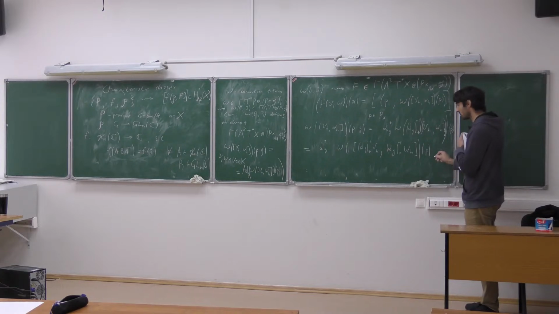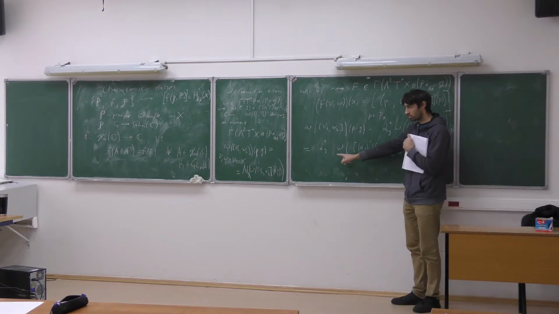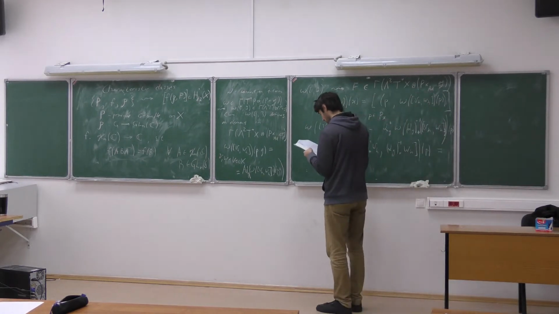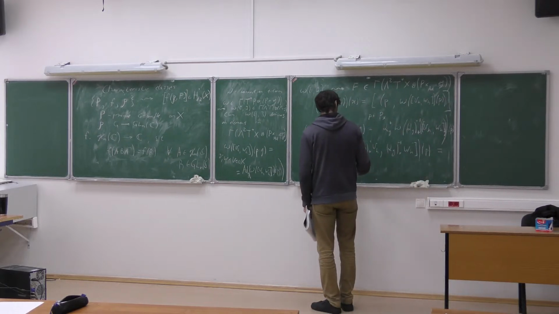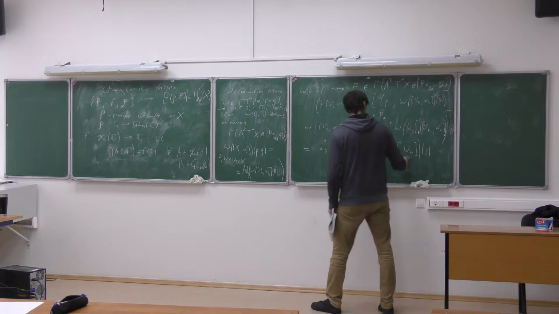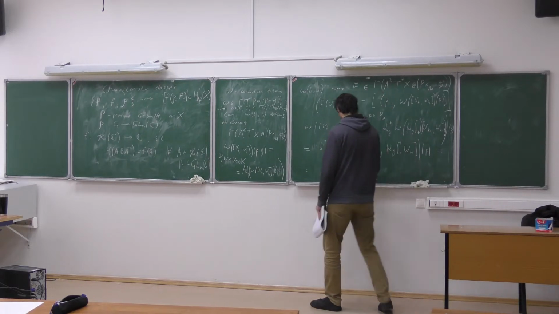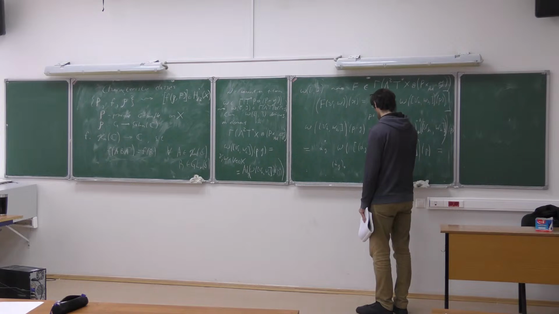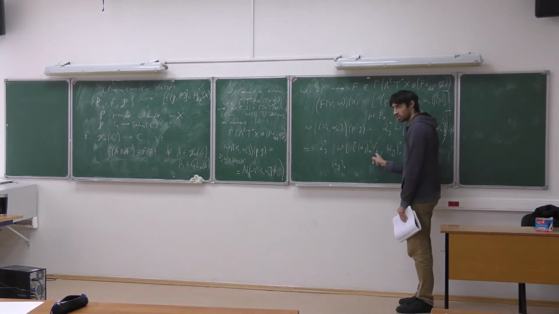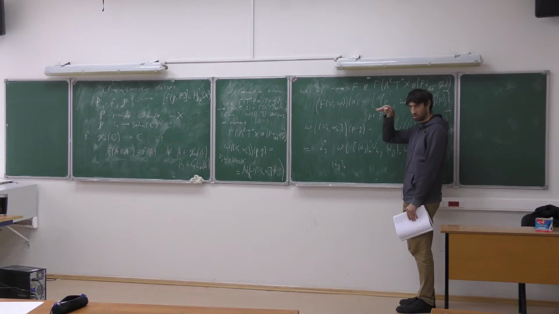Right, and now I'm using the fact that omega is a principal connection. So I have this, and also the fact that my VH and WH, since my connection is principal, and H is really related to the choice of connection, so it's horizontal, right?